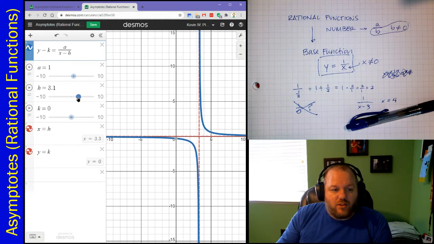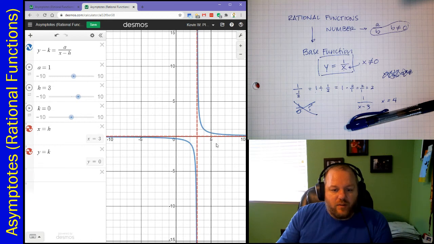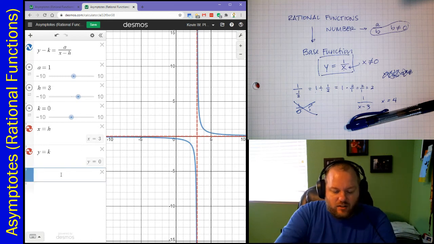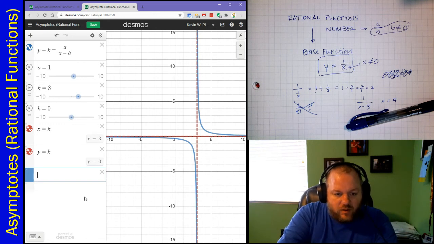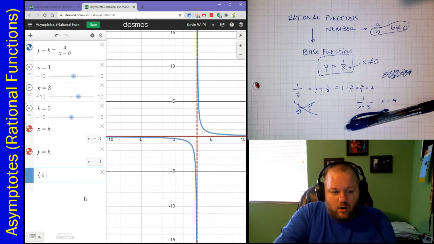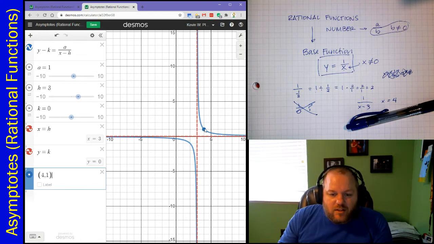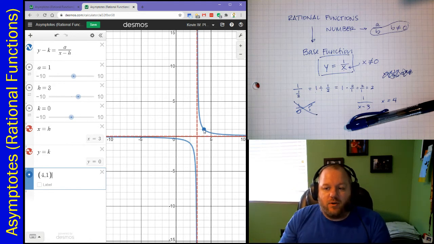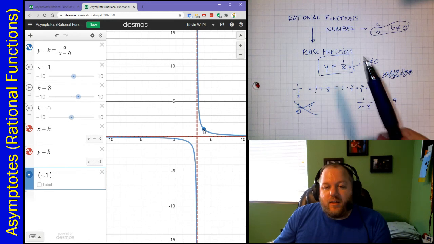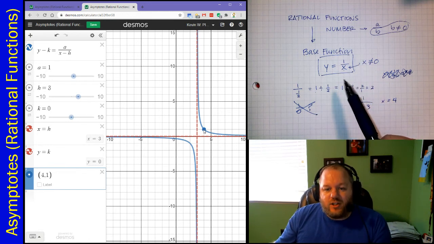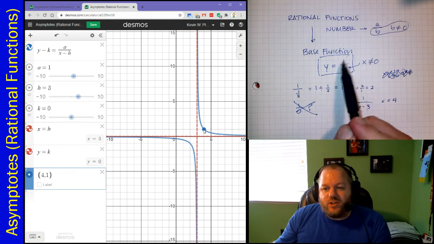I'm going to make this 3 right here, and at 4, my y value is at 1 because I subtracted 3 from the 4 before I took its reciprocal. The idea of subtracting the h and subtracting the k is in order to get it back to this base function.